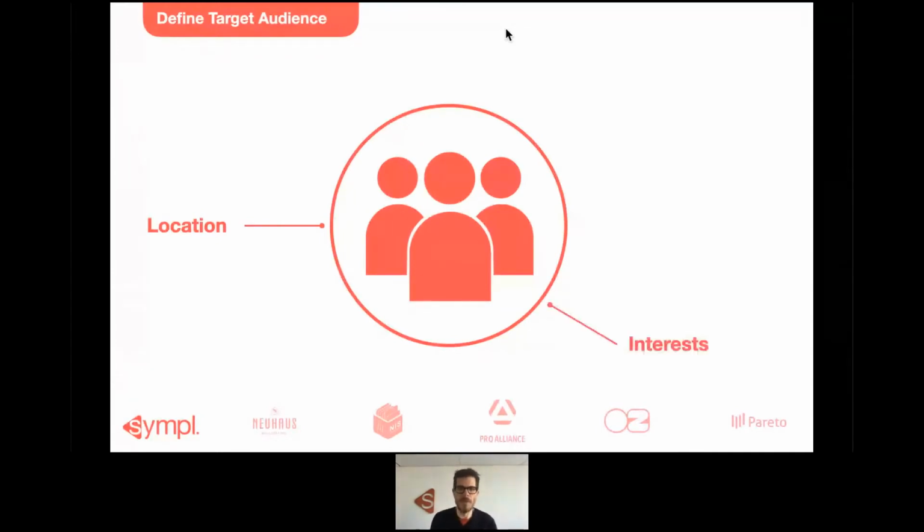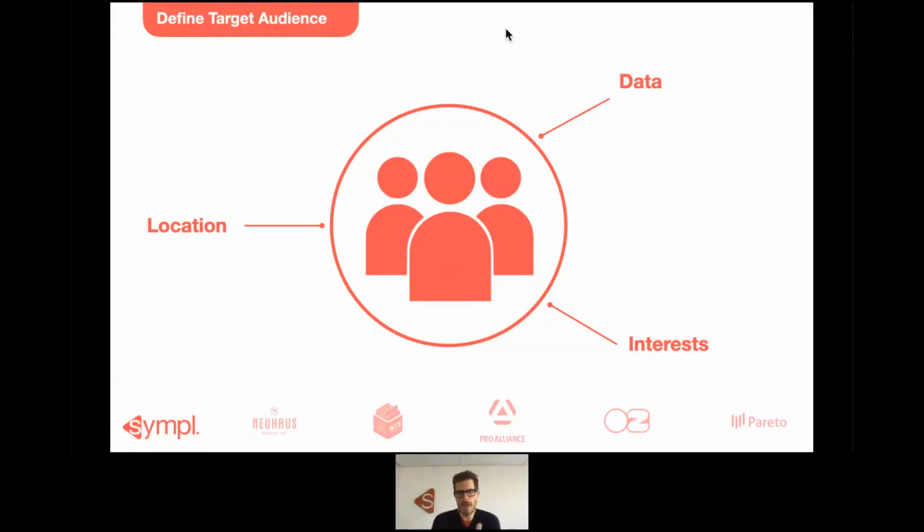That's one possibility. Another one Facebook is very famous for is interests. You can go very deep into targeting the right interests of your users. And the last one is all the data you've built up about your users. Remember the funnel I've just shown you, discover, engage, attract. That gives you an enormous amount of data to help you target the right users.